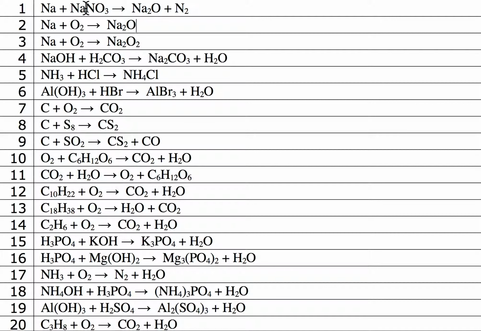If we look at this, we see that there are 3 oxygens on this side and only one right here. If we put a coefficient of 3 in front of the sodium oxide, then the oxygens are balanced. Now, if we count the sodiums, we'll see that they are also balanced. There are 2 sodiums here, and 2 sodiums on this side.